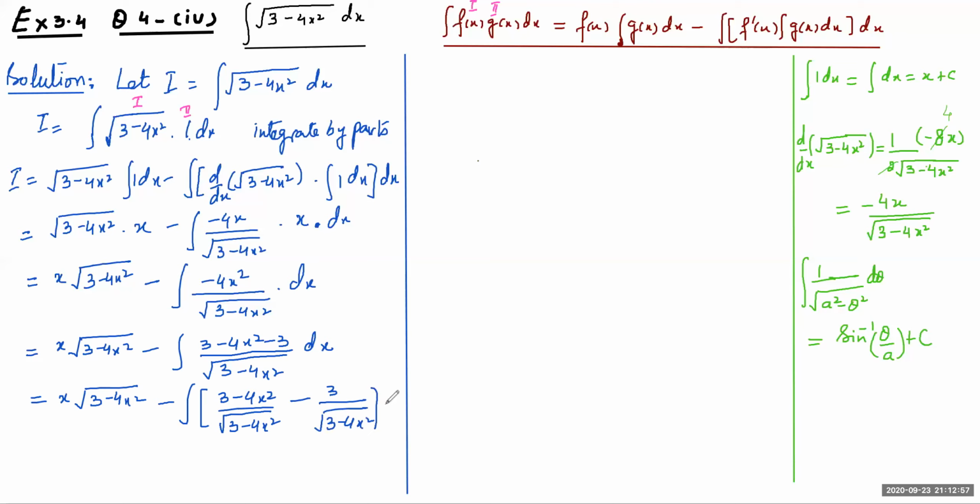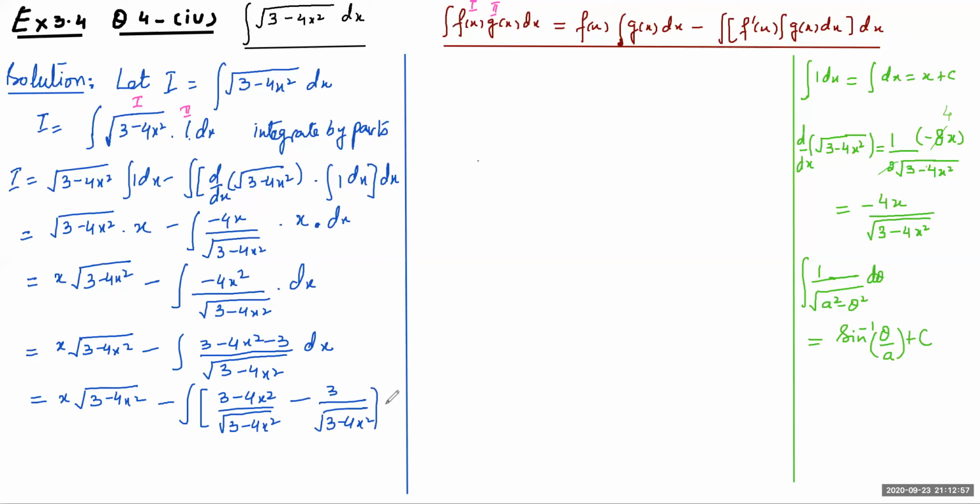Now use a simple algebraic result here: x by square root of x is equal to square root of x. As a result, you will get 3 minus 4x square divided by square root of 3 minus 4x square equals square root of 3 minus 4x square.